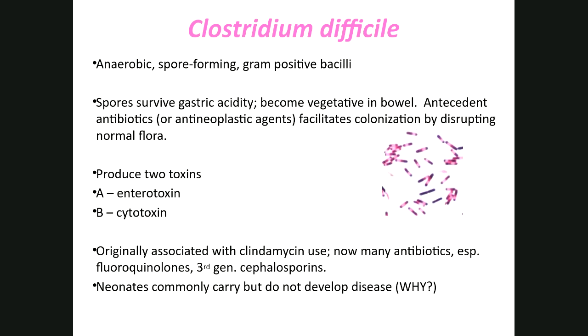Now, why is it associated with antibiotics? When you give a broad spectrum antibiotic for a long period and the patient is also sick and debilitated, what happens is that the intestinal flora is disturbed.